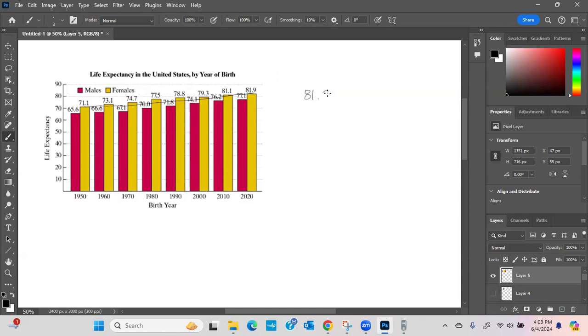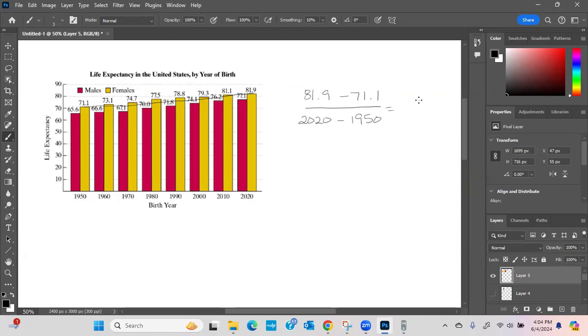We'll take the 81.9, and obviously I'm looking at the females chart. And we'll subtract the 71.1. So that's how much the yellow bars went up from the left-hand side to the right. And we'll divide that by how much they changed side to side. So we'll take the 2020, which is the right hand, and subtract 1950, which is the left hand.